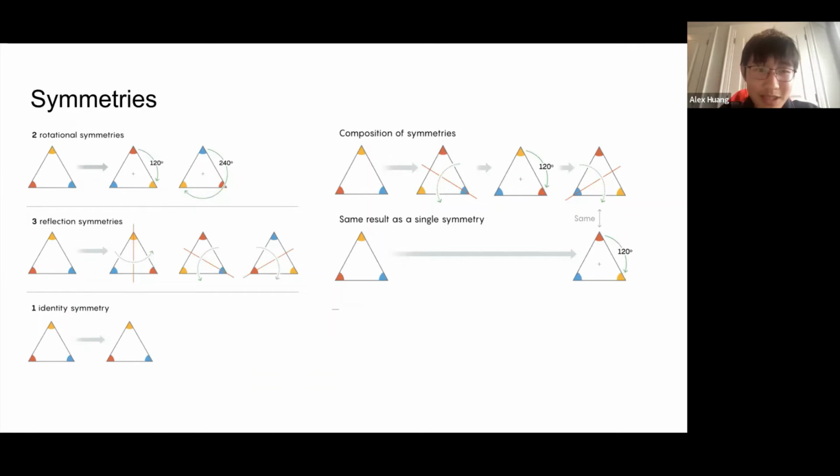In representation theory, the equilateral triangle itself doesn't really matter. What matters is how these symmetries are structured. The original object whose symmetry you study becomes an abstract thing.